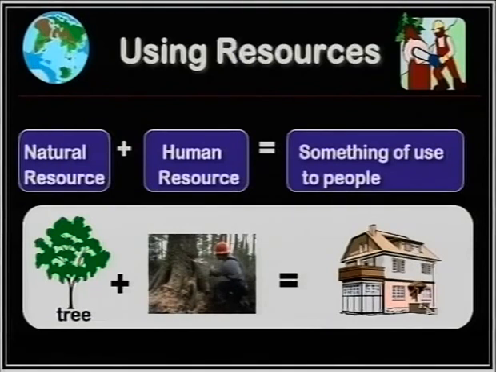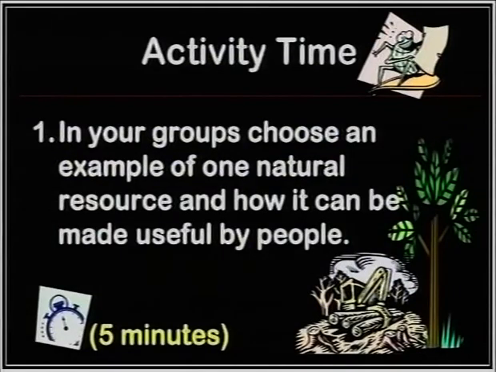Tree plus human resource equals a house. Are there any other examples? Remember, natural resource plus human resource equals something useful to the people.